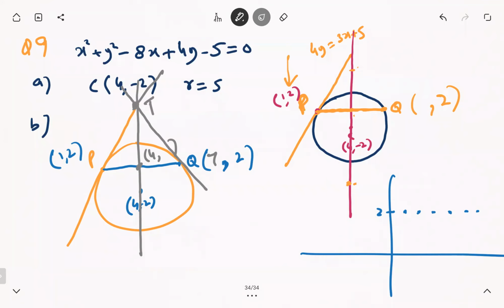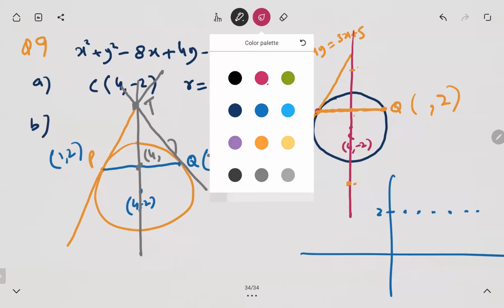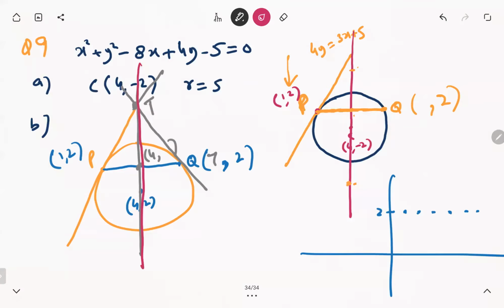The point T is coming on this vertical line. So you can tell its X coordinate at least. On a vertical line the X coordinate stays the same, so for T the X coordinate will also be 4.